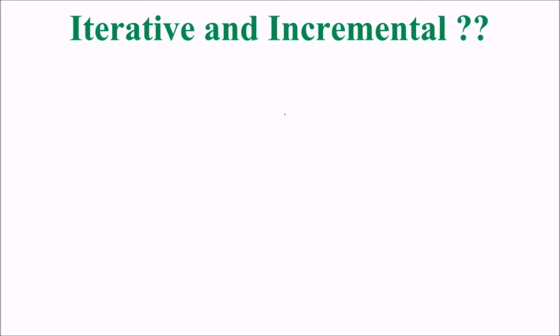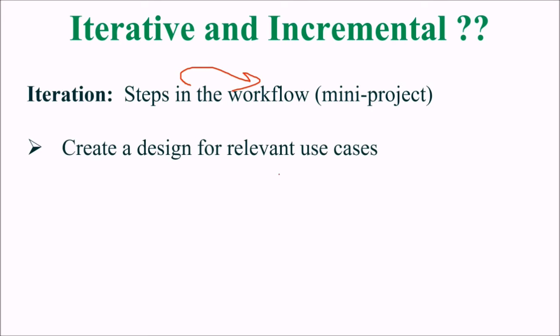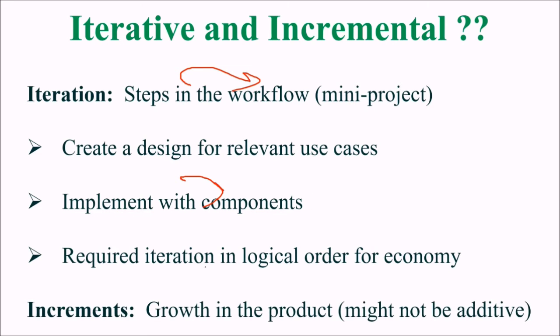What do we mean when we say it should be iterative and incremental? The iteration means steps in the workflow. That is, you can say a mini project. Create a design for a relevant use case, then implement the components, with the required iterations in logical order for economy. The increment is growth in the product, and it might not be additive.